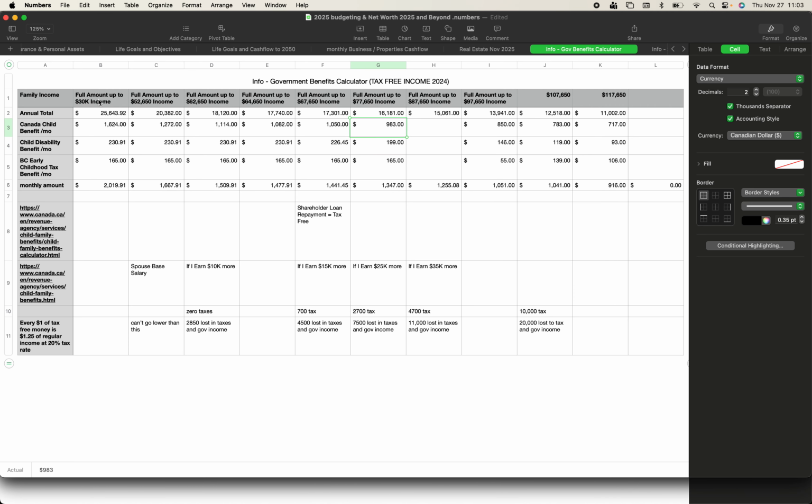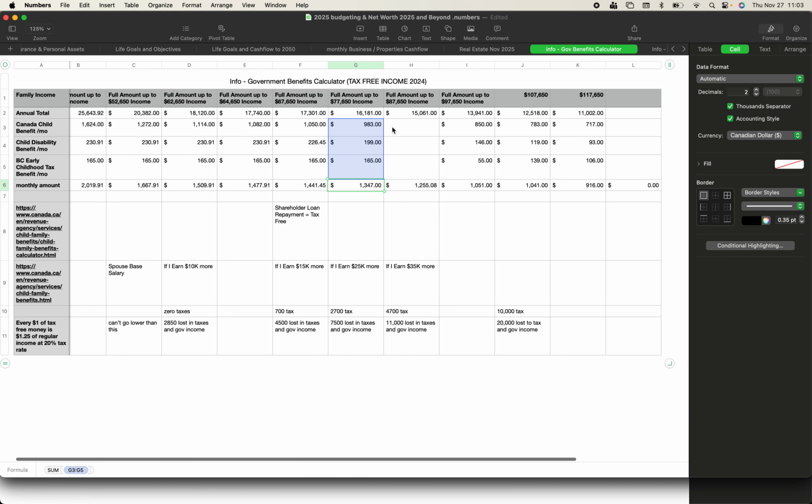So, here we have the Canada Child Benefit. There's a child disability benefit, if that's applicable, if any of your children are disabled, your BC early childhood tax, and you can see that every additional dollar of income would reduce these benefits at these. So you can figure out if you've got any kind of these programs for yourself. You can make a table like this for yourself.